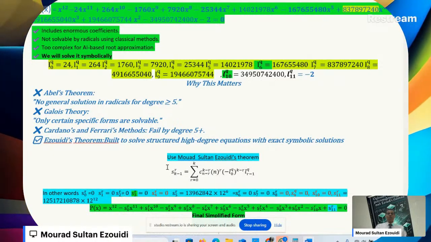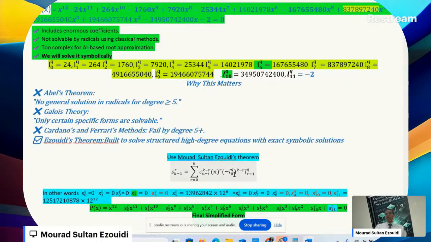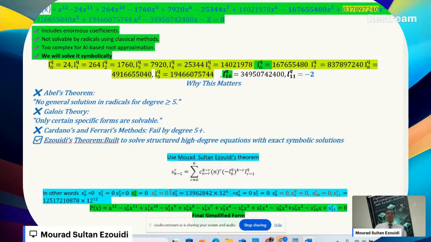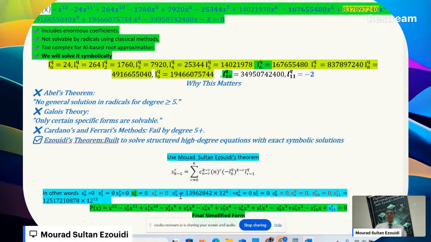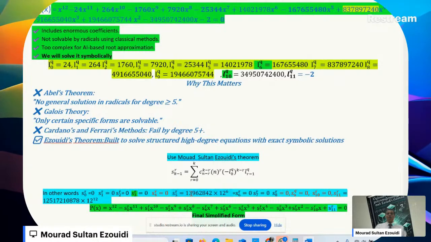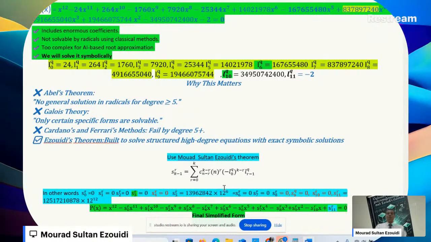Also, to find s2, put k equal to 3, and you find that the value of s2 is equal to 0. But s5 is different from 0. So s5 has to be equal to 30,962,842 times 12 raised to the power 6.